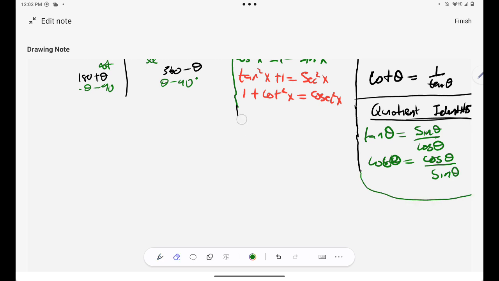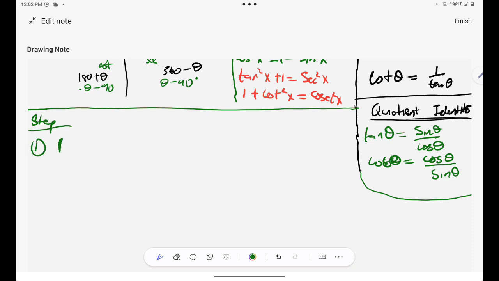And then we spoke about the 3 steps of simplifying in trigonometry. They're not necessarily strict, but there are 3. On the first step, you must reduce all your angles.